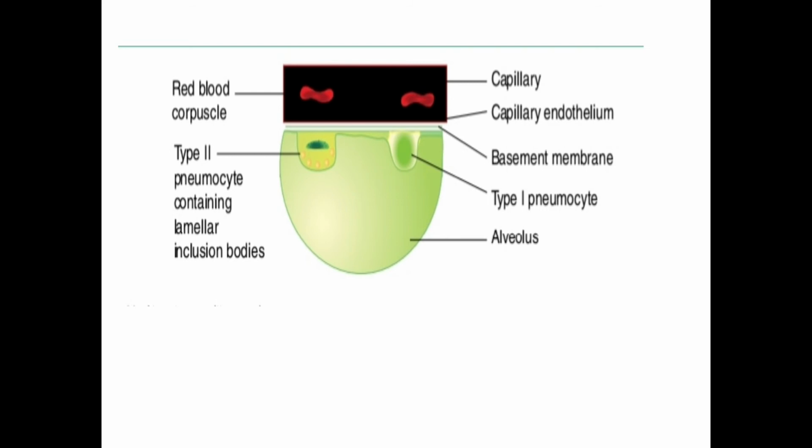In such cases surfactant is deficient from birth, whereas in adults if it is deficient, it causes adult respiratory distress syndrome. This is an acquired defect commonly caused after sepsis, pneumonia, traumatic damage, and major surgery.